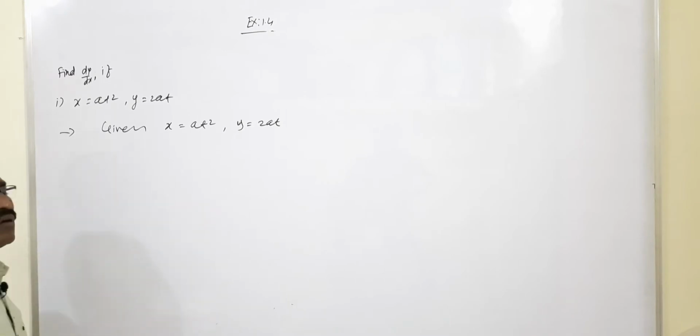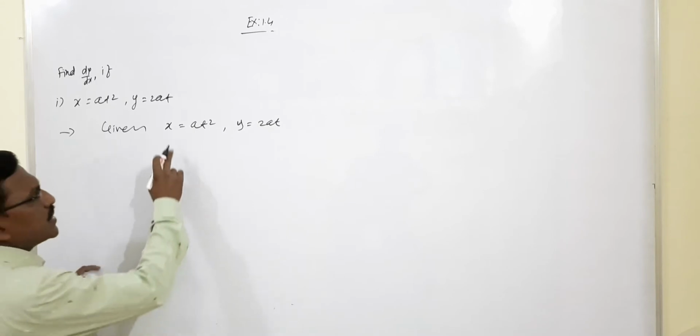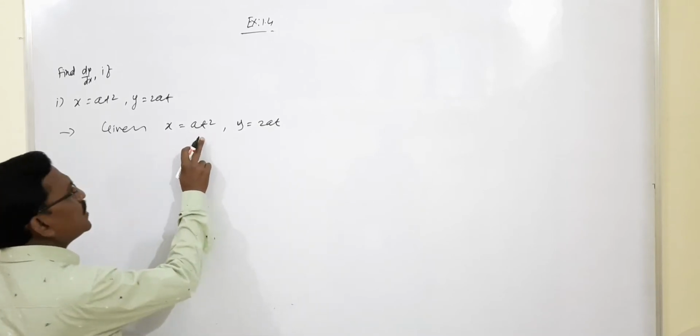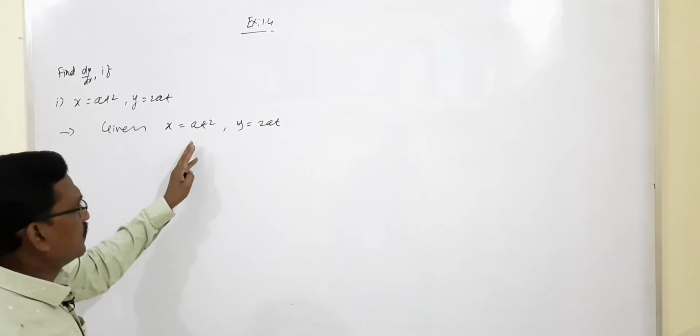Here we have to find dy by dx, which means we have to differentiate with respect to t. T is a parameter.